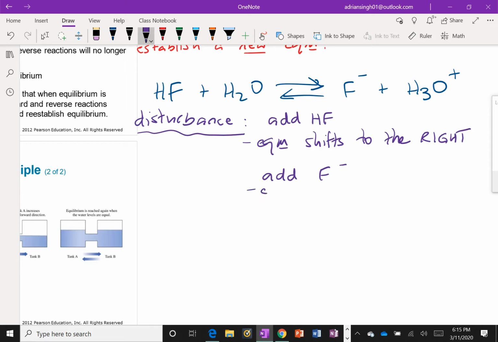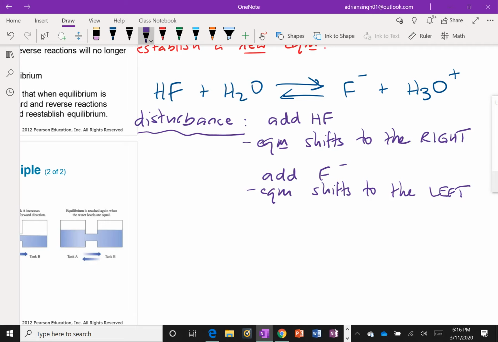So the equilibrium here shifts to the left. So when you add something to a system at equilibrium, the equilibrium shifts in which direction? The opposite way, exactly. So if you add something to the left side, it's going to shift to the right. If you add something to the right side, it's going to shift to the left. That's how equilibria work.